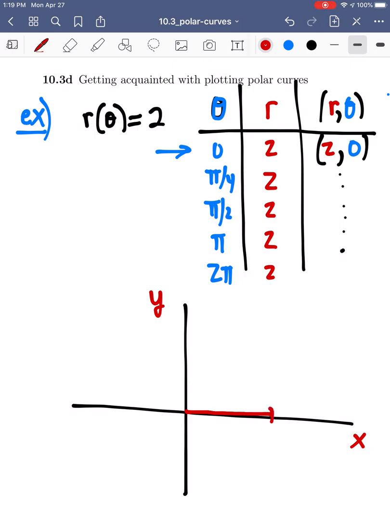Say that's a distance of 2. Okay, let's move to the next angle. Well, in this case, we're at an angle of pi over 4. We're asking ourselves, how far do we move along that angle of pi over 4? And, well, we move a distance of 2 as well.